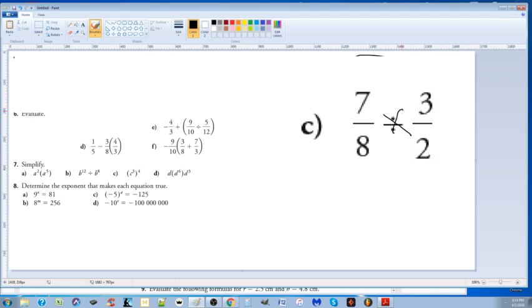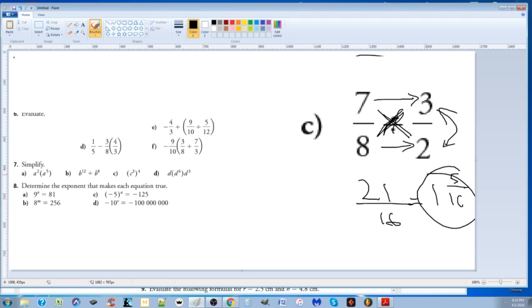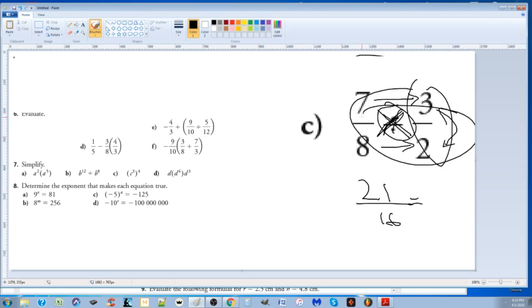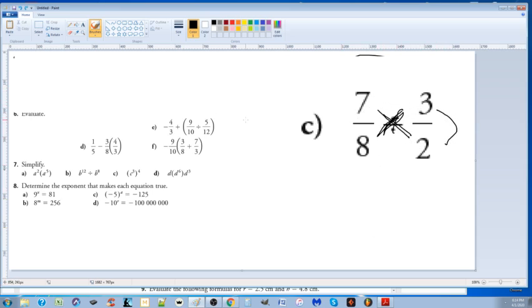So like that. Change the division to a multiply and flip the fraction. Now multiplying fractions is really easy. You just multiply the top and the bottom. So you get 21 over 16, which by the way is the same as 1 and 5 over 16. It can't really be simplified more than that. But see, once you figure out how to multiply them, multiplying fractions is the easiest thing on the planet.